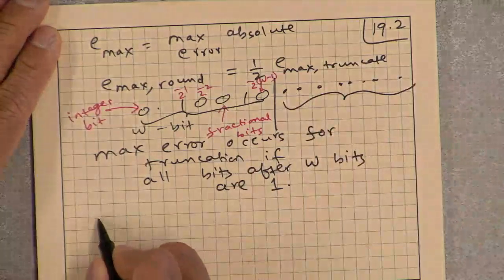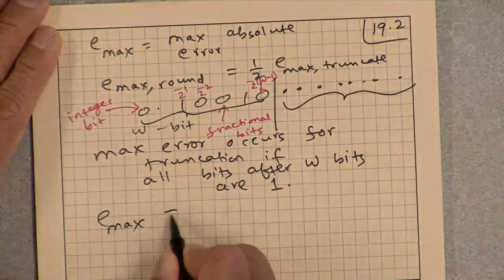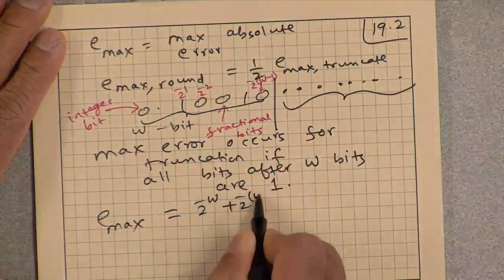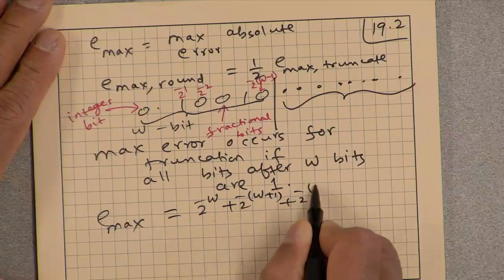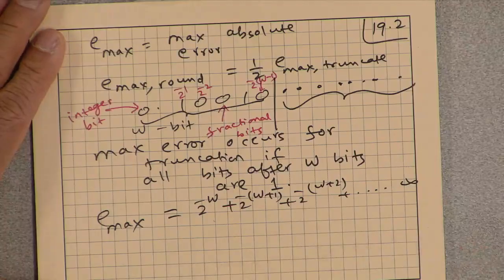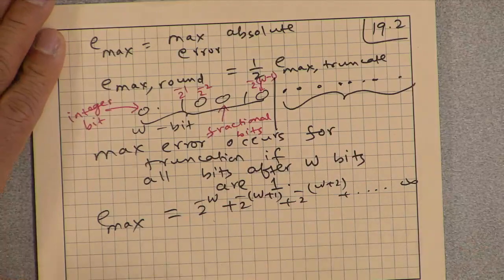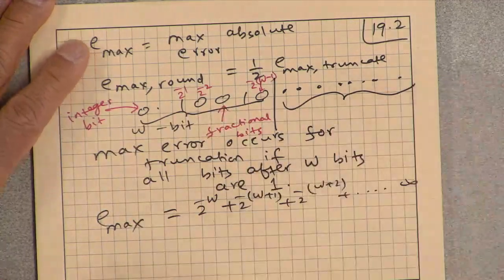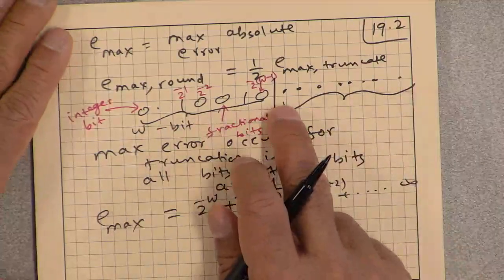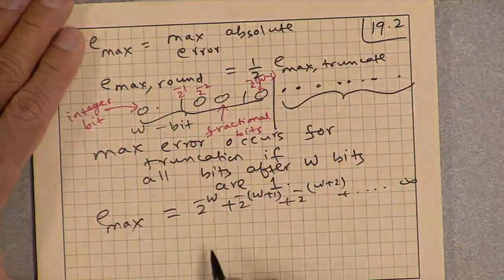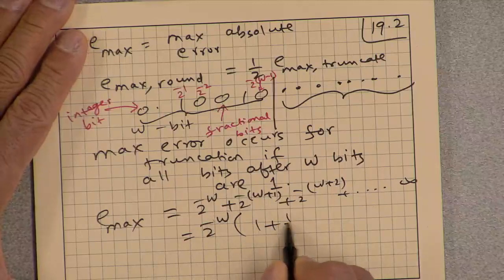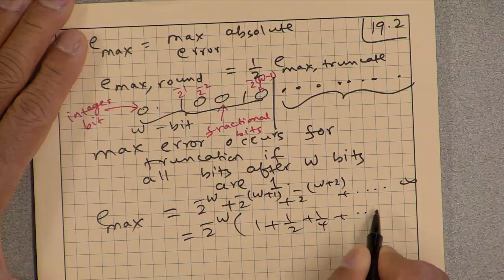And that maximum error, E max, is going to be 2 to the power minus W plus 2 to the power minus W plus 1 plus 2 to the power minus W plus 2 up to infinity. If there was a very long word and all the bits were 1 after these W bits, then the error is going to be maximum. This is 2 to the power minus W taken outside a bracket, 1 plus a half plus a quarter up to infinity.